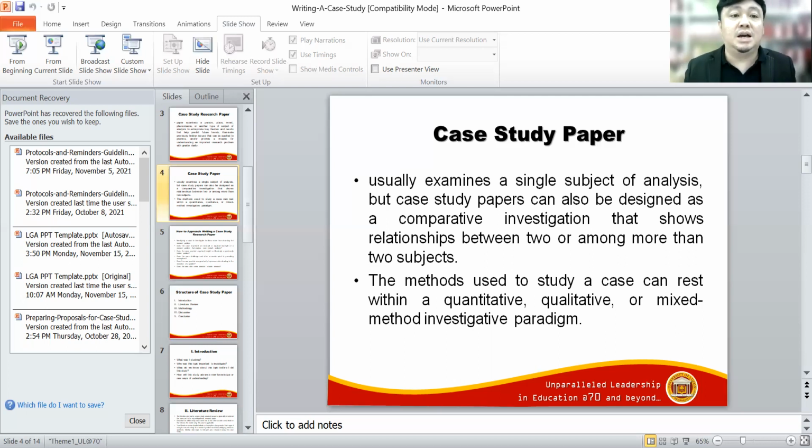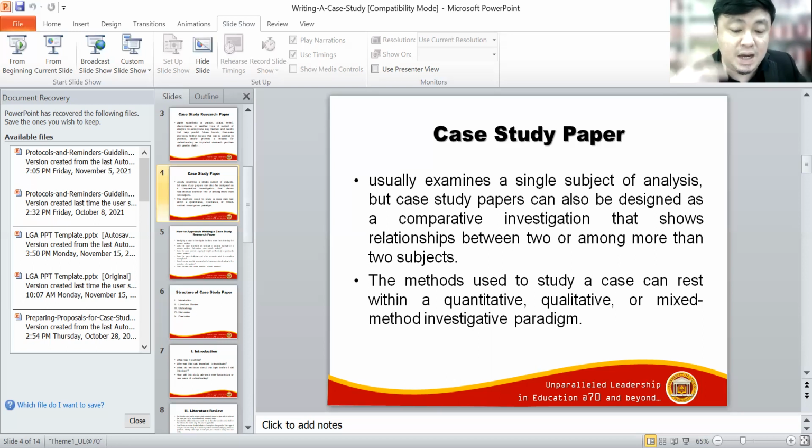Like, for example, the case study of blacksmithing, or blacksmith in Posorubio, for example, and pottery somewhere in San Carlos City. Okay, so what makes it unique, what makes it relevant to the place and the initiative. Okay, so that will be for the methodology involving place as a subject of analysis.